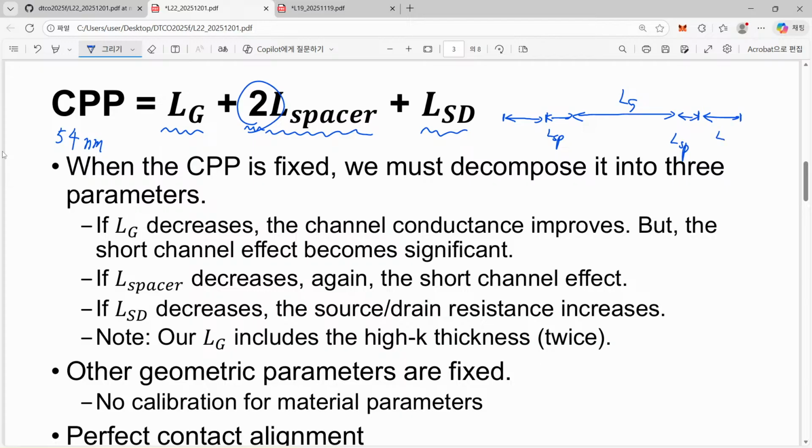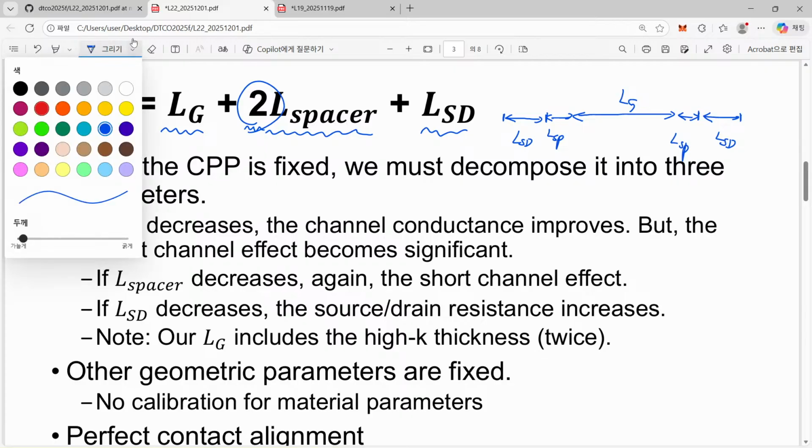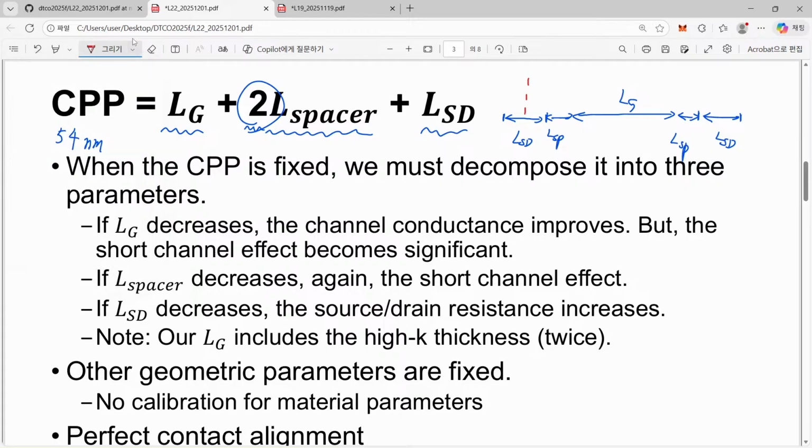Yes, LSD and LSD. However, contact poly pitch means the period of a repeated pattern, so the entire LSD is not considered. Actually, we start from the half position of LSD and end at the same pattern in the next LSD.